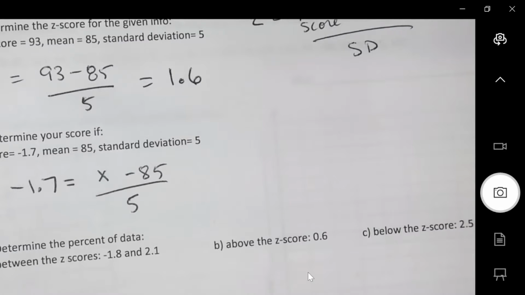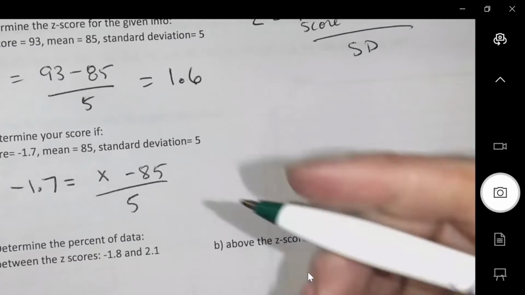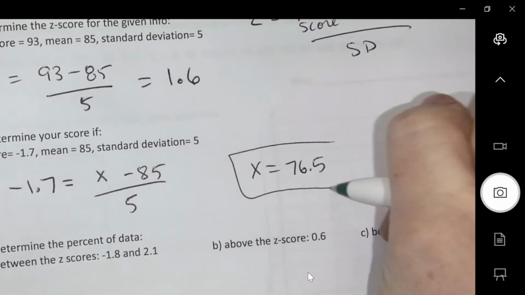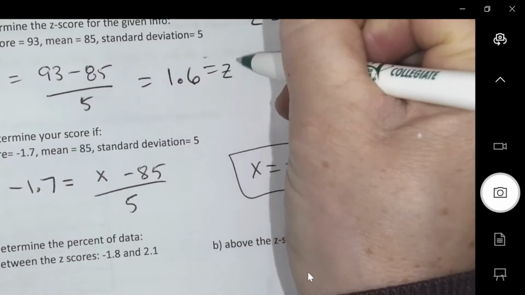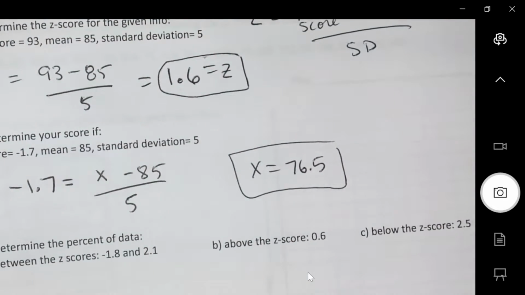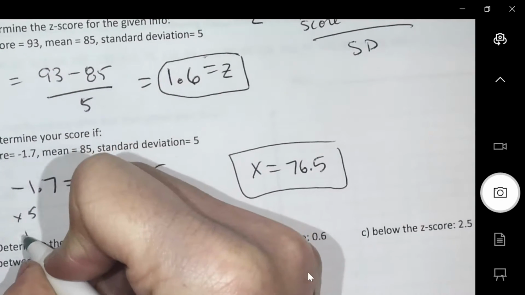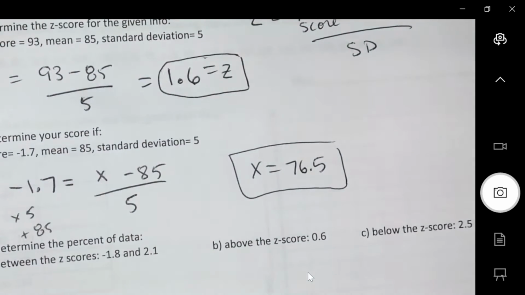So I'm going to times and add. Okay, so that was my algebra stuff. I times by 5 and I added the 85.